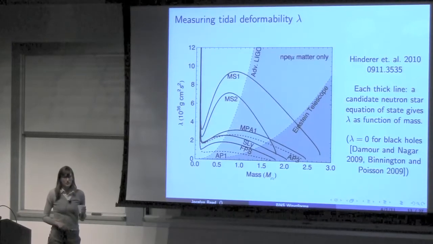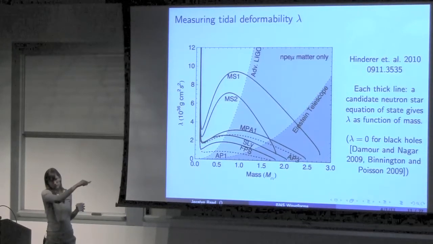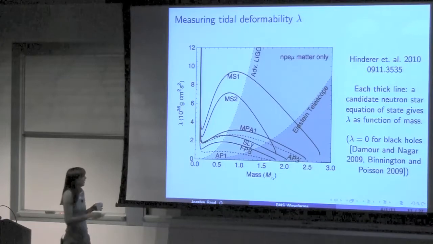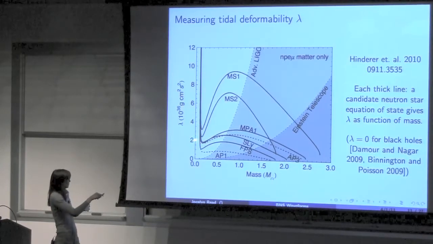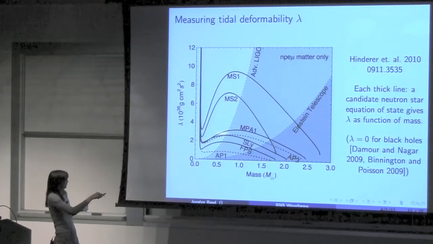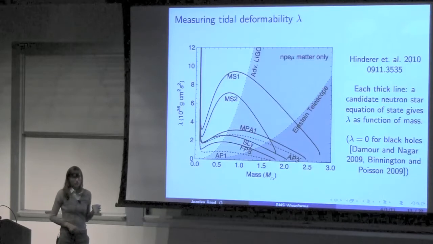There's no real consistent way you can differentiate categories just simply based on lambda. It's similar to mass-radius. You have a different shape to the line. The astrophysical constraints probably translate to something between 2 and 5 in the key region.